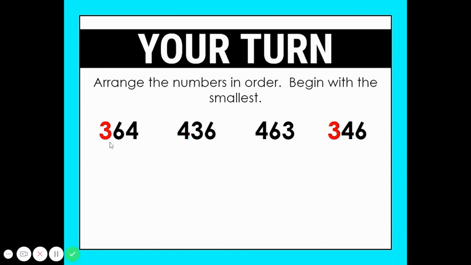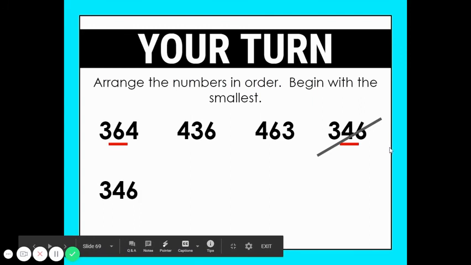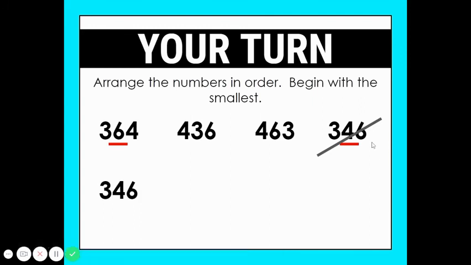So because these two both have the 3 in the hundreds, I look at my tens place. So this number, 364, has a 6 in the tens. 346 has a 4 in the tens. So I know 4 is smaller than 6. So my smallest number is going to be 346. And I like to cross it off after I've used it so that I don't get confused. So then I know my next smallest would be my 364, because remember my other two had 400s.